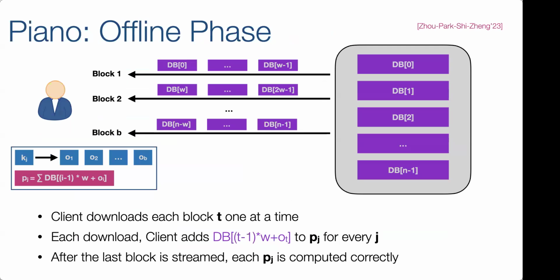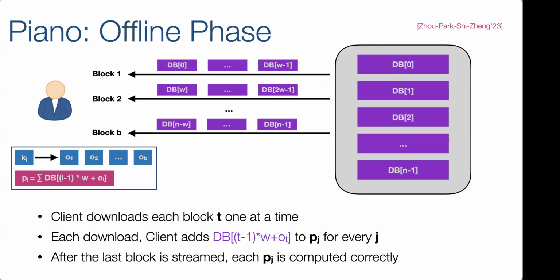So I'll just go over kind of how Piano works for people who aren't familiar, just so you have an idea of how these hints are used. Although what we're going to focus on in the talk are the updates. So the offline and online phases are not super important to the core of the talk. But basically, the way that Piano works is that we stream each of the B blocks one at a time.